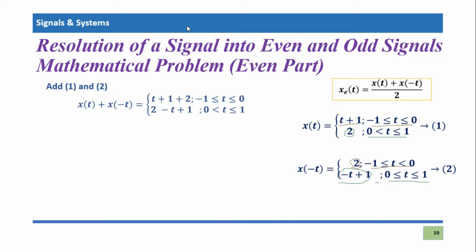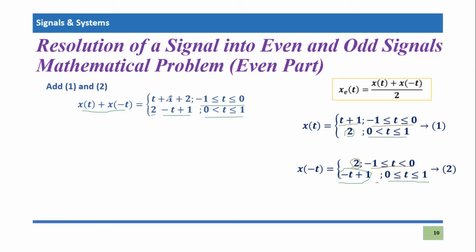Look what I've done here: x of t plus x of minus t. For the interval from -1 to 0, x of t was t plus 1 and x of minus t was 2, so we have just added t plus 1 plus 2. Similarly, for the interval from 0 to 1, x of t was simply 2 and x of minus t was minus t plus 1. So again, I've just added them.